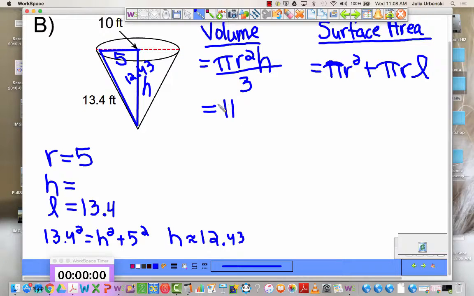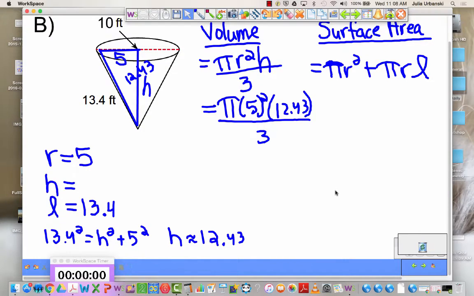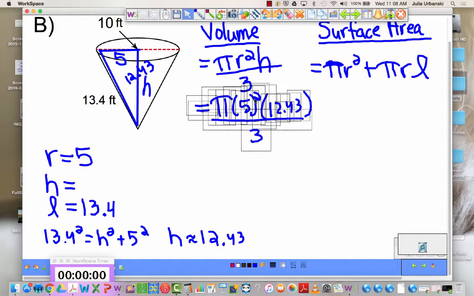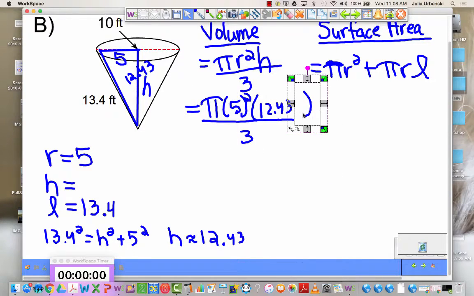So pi times radius 5, that has to be squared, times height, which is 12.43. And don't forget to divide it by 3. I'd hate for you to do all that work right and then still get the answer wrong just because you forgot to divide by 3.